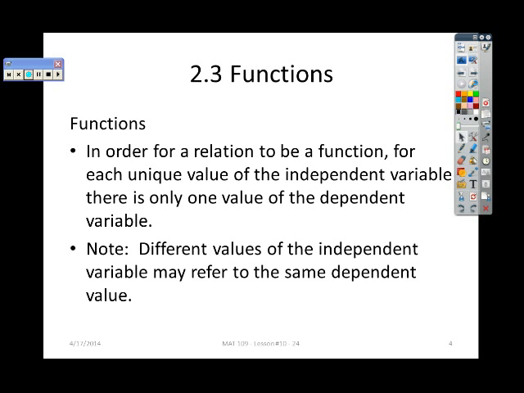That's still a function, because for any input, there's no question what the output is. And that's the requirement on a function. Later we're going to see something called one-to-one, which is going to put a requirement on the reverse. But for now, we're just limiting what values the output has. The output has to be unique.